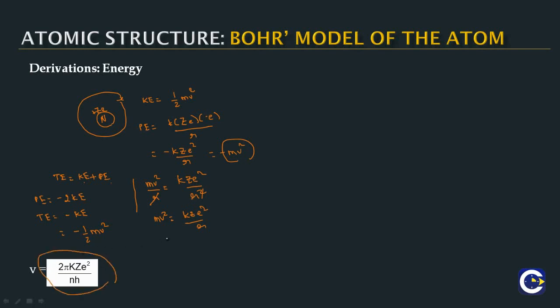On substituting the value over here, we'll have the total energy of the electron equal to minus half m into (2 pi kZe square by nh) the whole square. So this will give us the total energy expression to be minus 2 pi square m Z square e power 4 k square by n square h square.